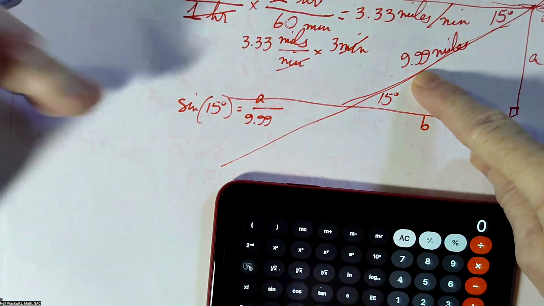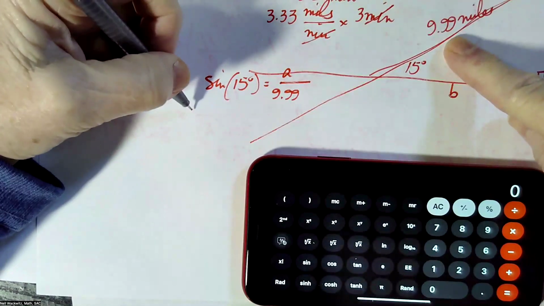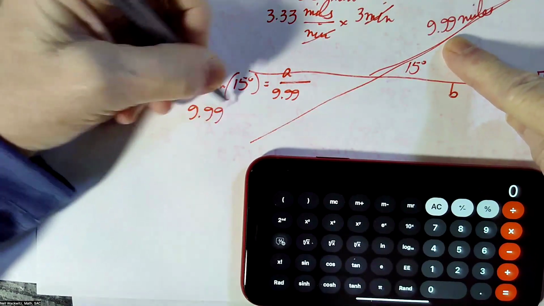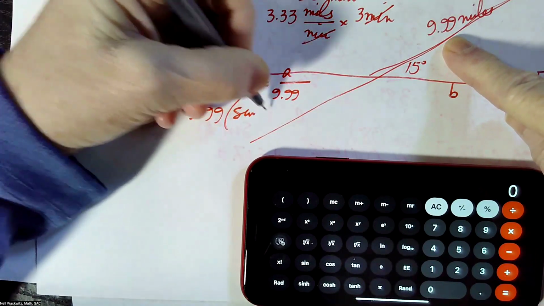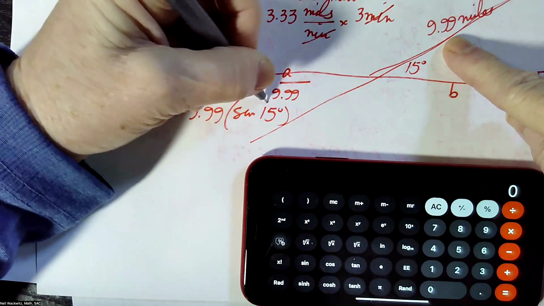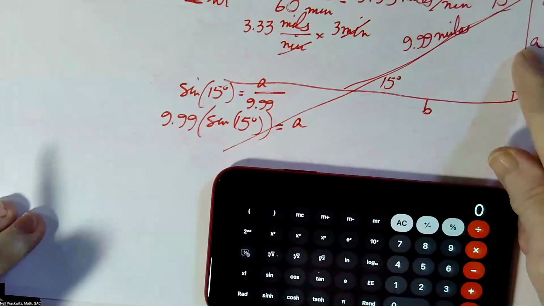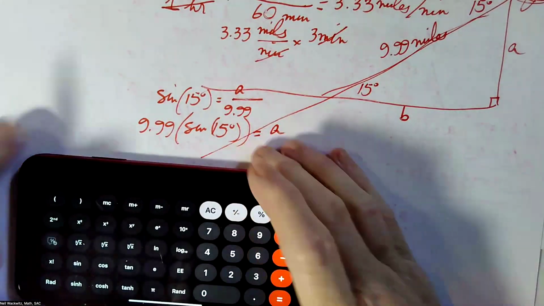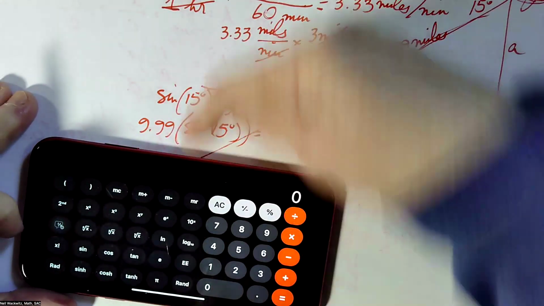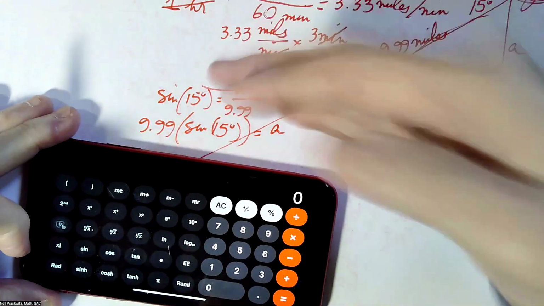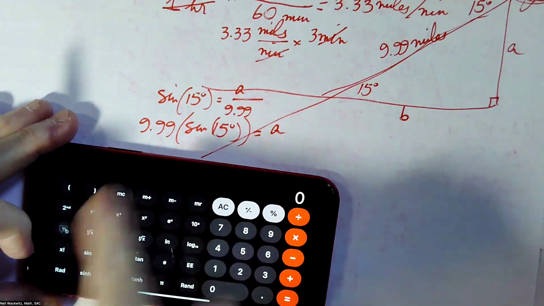We're going to multiply both sides by 9.99 to get little a, which is our vertical distance. And we have to do the trig part first, round, plug it back in, and then multiply.